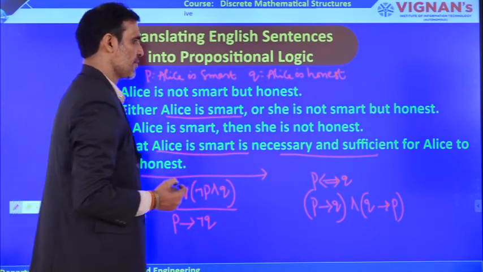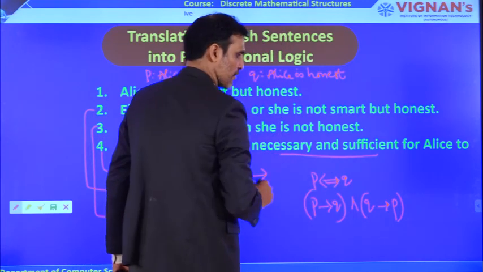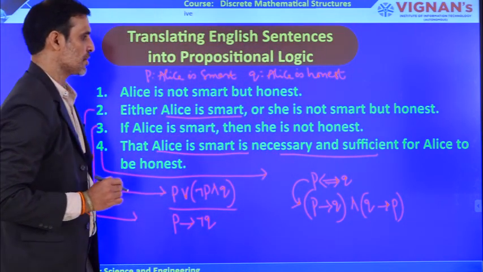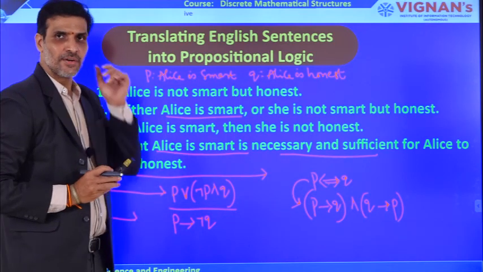That is what we are going to write. So this can be written as P implies and is implied by Q, or we can write the same sentence as P implies Q and Q implies P. So this is the way we try to convert.